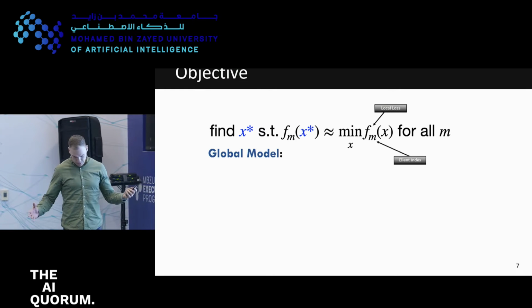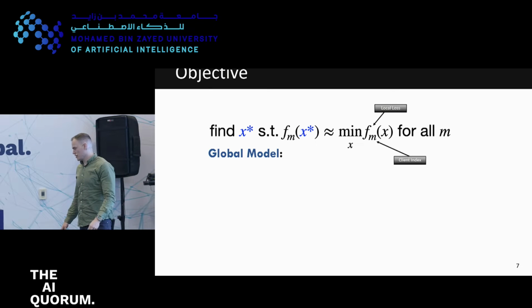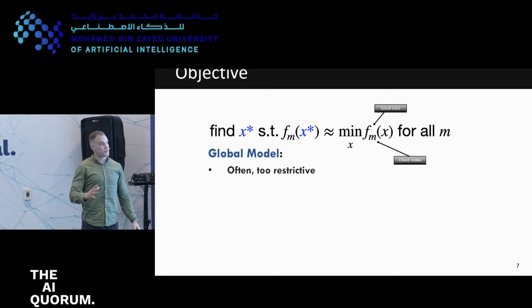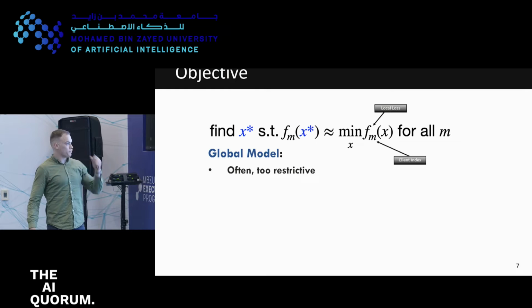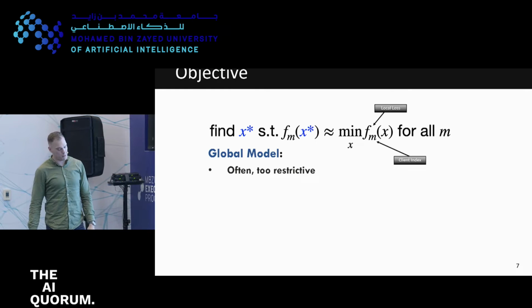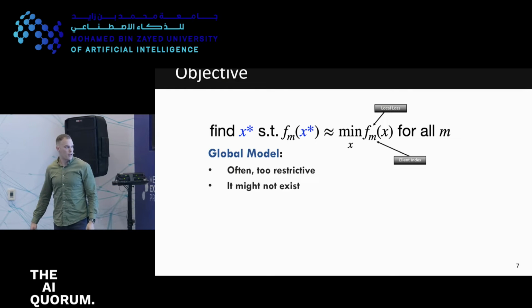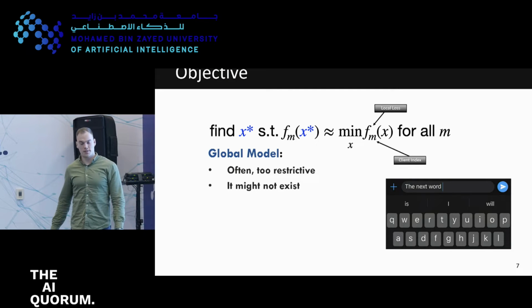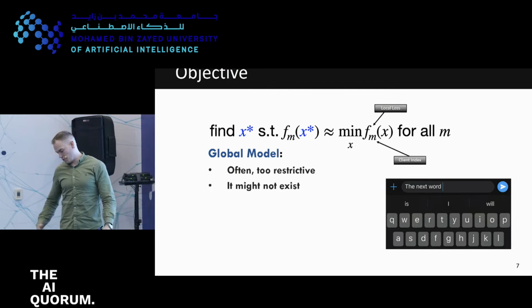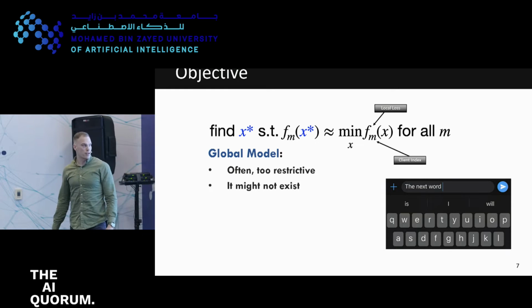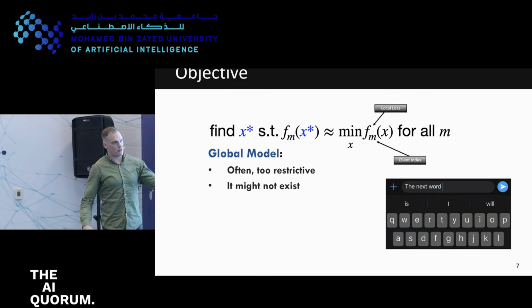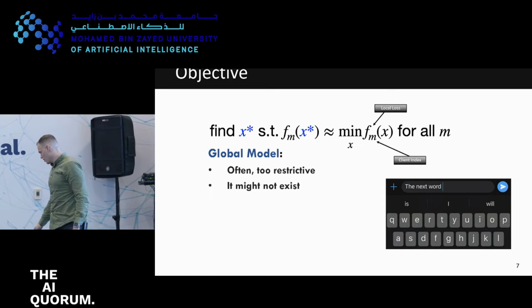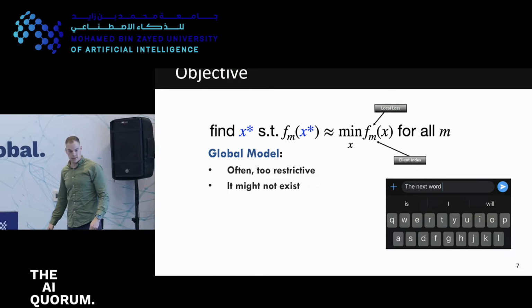There are certain limitations to the global model, in particular if we assume that there actually is data heterogeneity. This might often be very restrictive, and in many cases such a model might not even exist. Think about a simple problem like next word prediction, where the next word depends on the person or client who wrote the first part of the sentence.